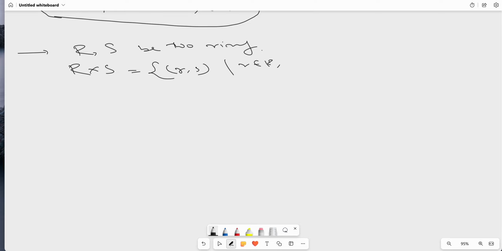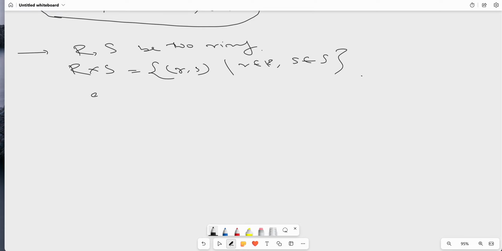Suppose R and S are two rings, two different rings, right? There is no other condition, and I will define R cross S. What is R cross S? You know the Cartesian product, the pairs r comma s such that r is inside R, s is inside S, right?